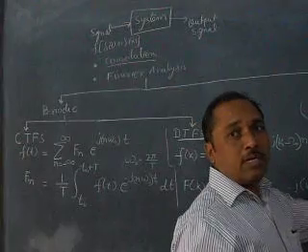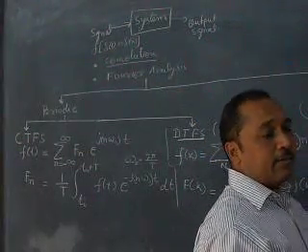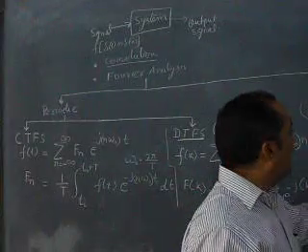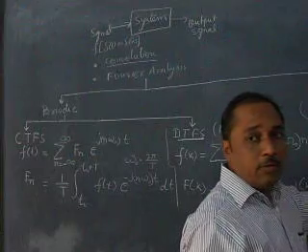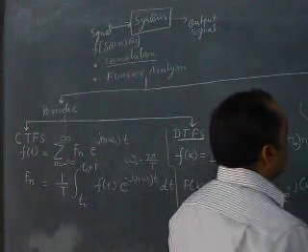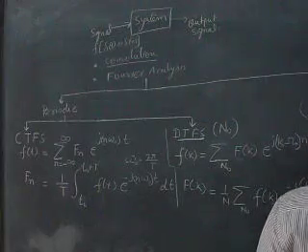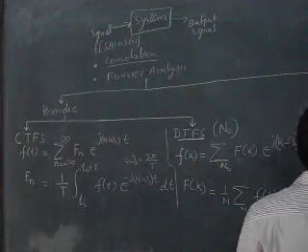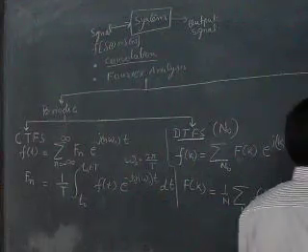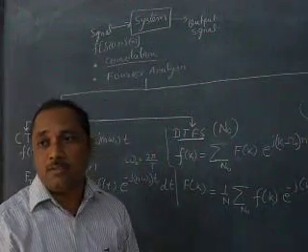This is the Fourier transformation, where the function has been transformed into the frequency domain. And for which type of signal? Continuous signal. So this will be the CTFT, continuous time Fourier transformation.